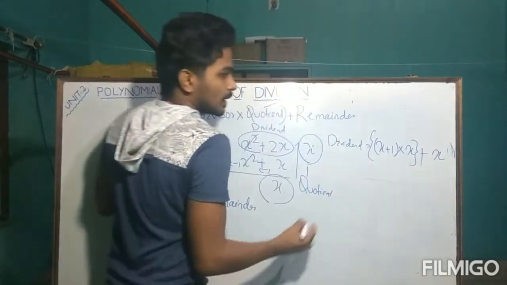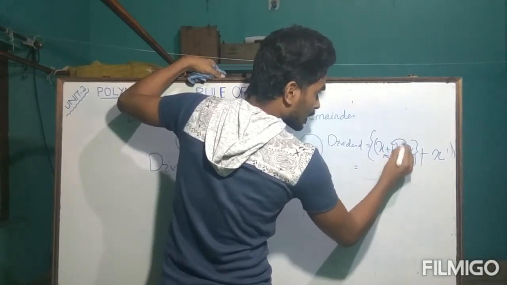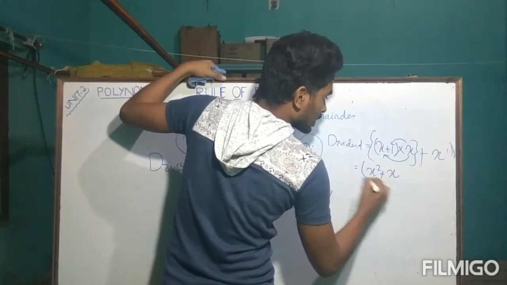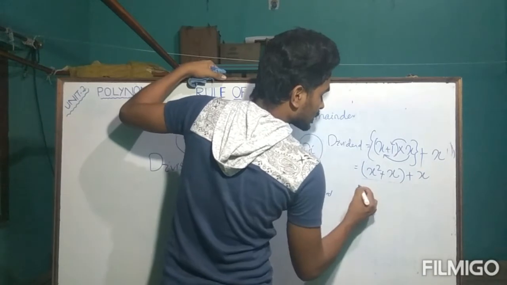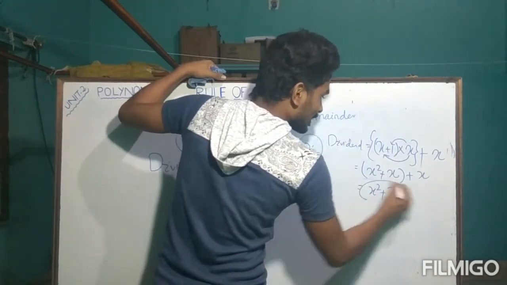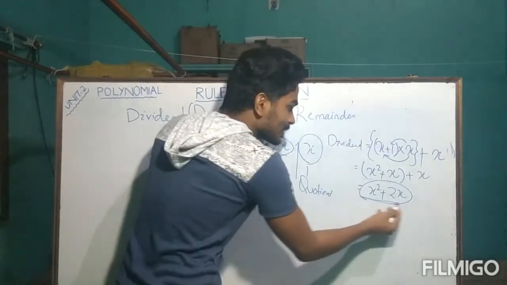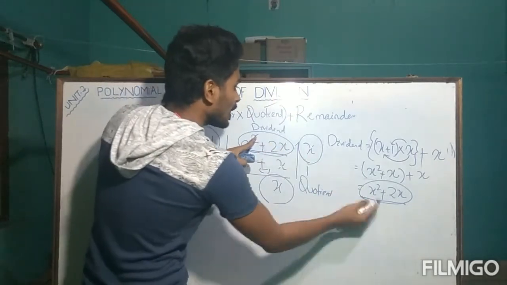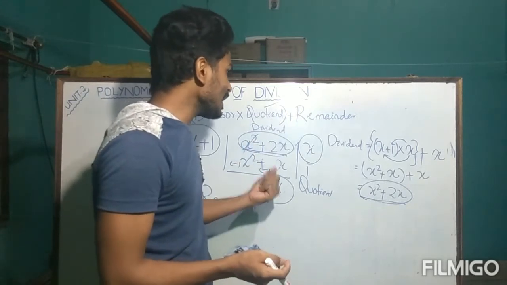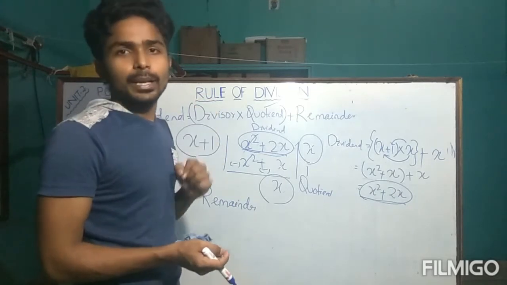After calculation, use the distributive law: x into x is x square, plus x into 1 is x, plus x. So x square plus x plus x is x square plus 2x. This is the dividend. We calculated the dividend here and it equals the original one, so these two polynomials are completely equal.